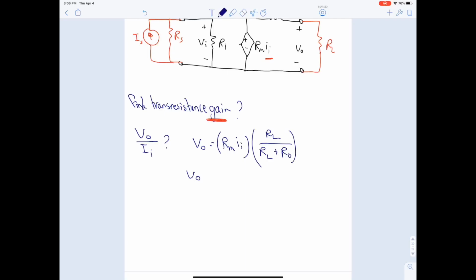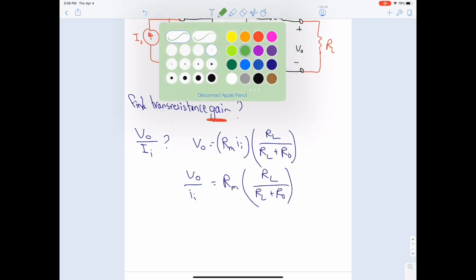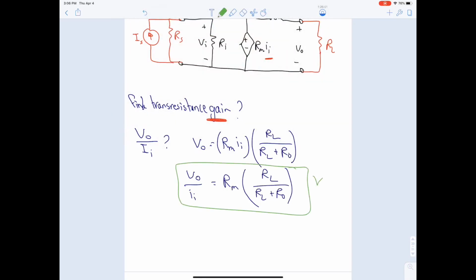So V output divided by I input is equal to Rm multiplied by RL over RL plus RO. So this is the answer. What's the unit? It's V over A. Make sure you don't get confused, by the way. V over A. Now Rm is not a resistance, it's a gain, so its unit is not ohm, it's A over V.